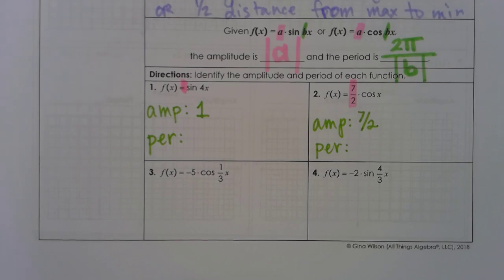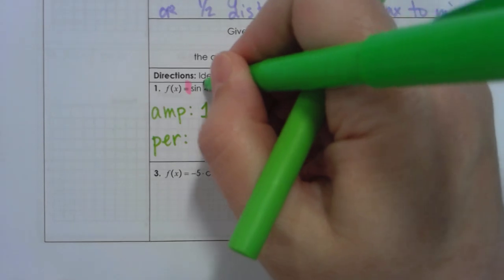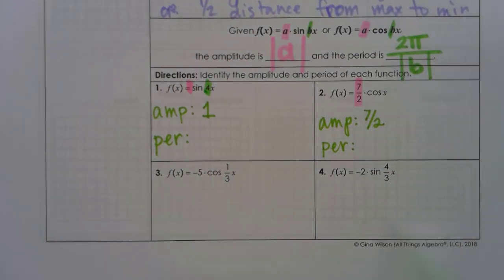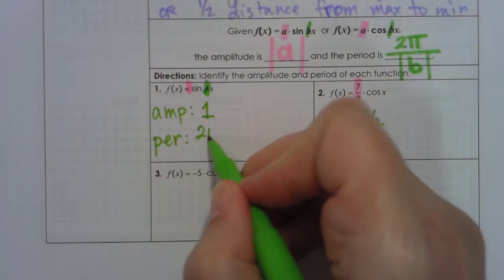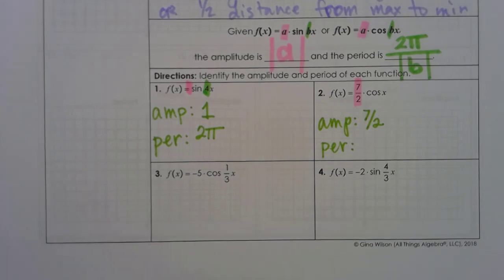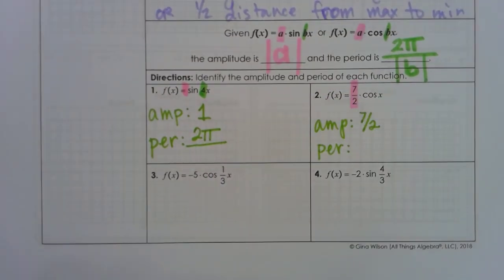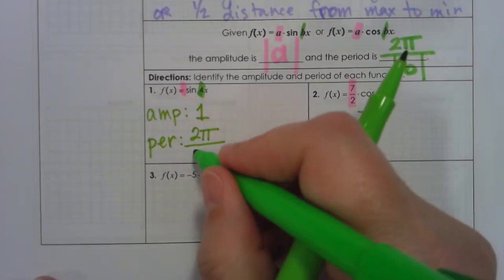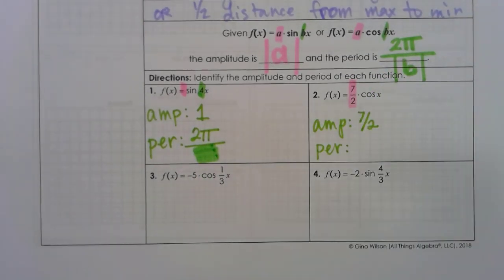So now for the period, we're going to take the other value, the B value, which here is a 4. So we're going to start with 2 pi. Sine and cosine starts with 2 pi every single time. And we're going to divide that by whatever that B value was that we just had.